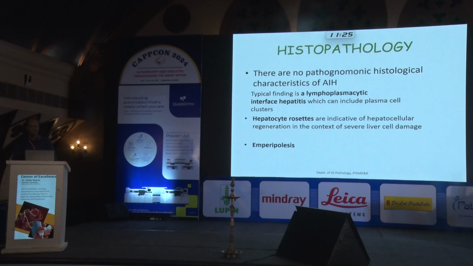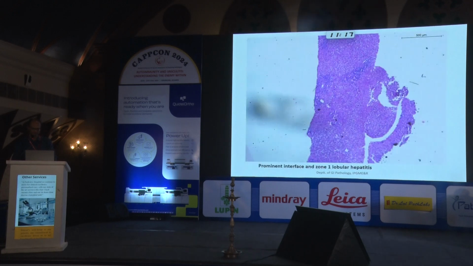So, though there are no pathognomonic signs in liver biopsy for AIH, these 3 are the main features which are found. So if you see in a liver biopsy, this is the typical feature, mainly interface activity with zone 1 lobular hepatitis. Initially, zone 3 is not so much affected, but later on it may be affected.